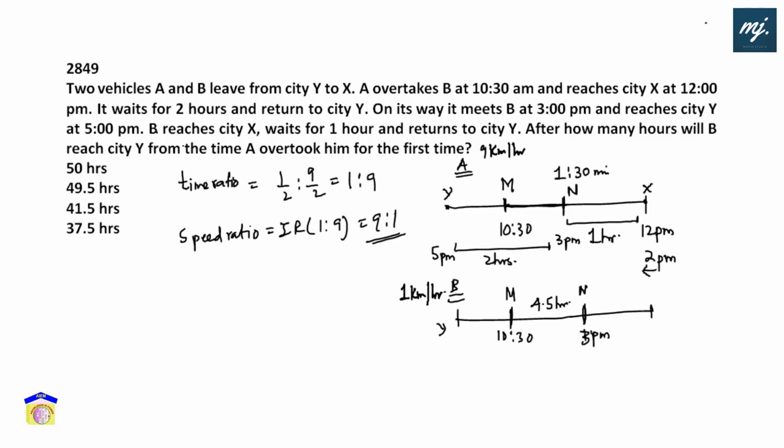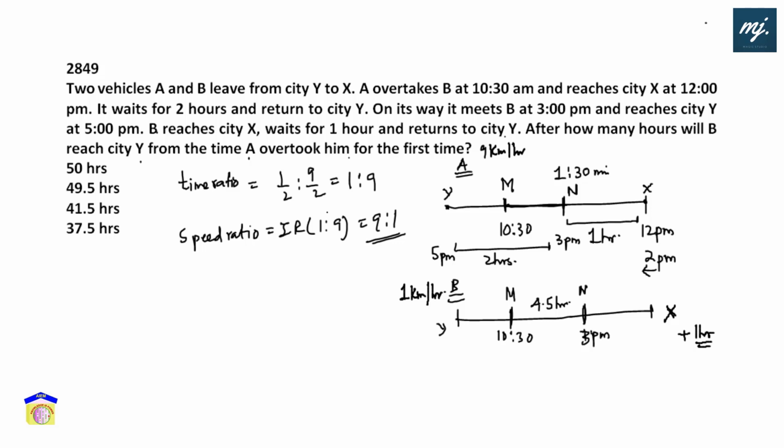Now what is happening with B? B reaches city X. Okay. It waited for 1 hour, that means 1 hour is the halt time, and returned to city Y. After how many hours will B reach city Y from the time A overtook him for the first time?